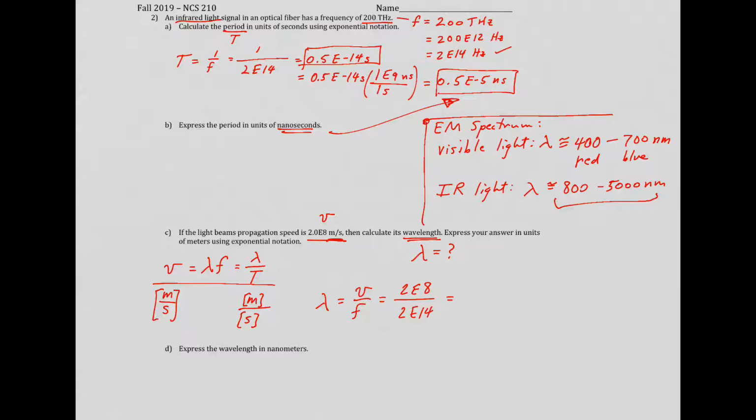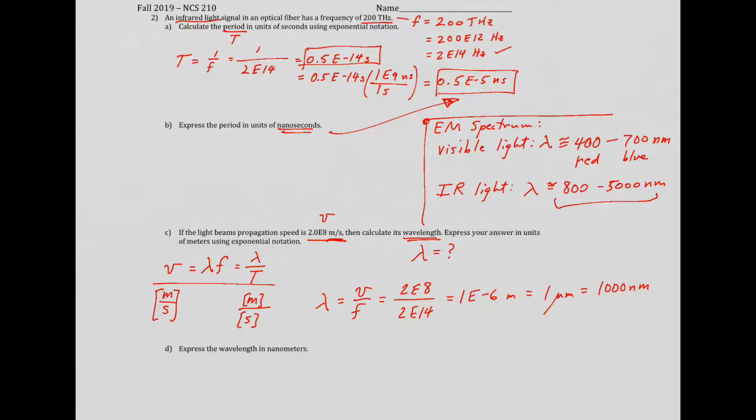And when I do that, I'm going to get meters on lambda. The 2's cancel, and 8 minus 14 is minus 6. 1e to the minus 6 meters. And this is 1 micrometer, which is, in fact, 1,000 nanometers, just as we thought.